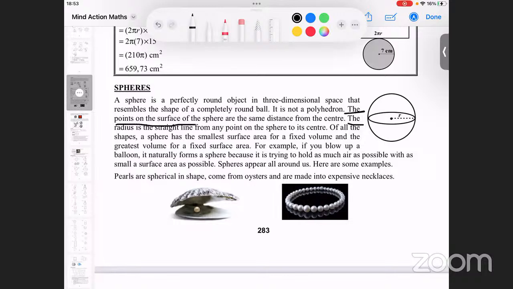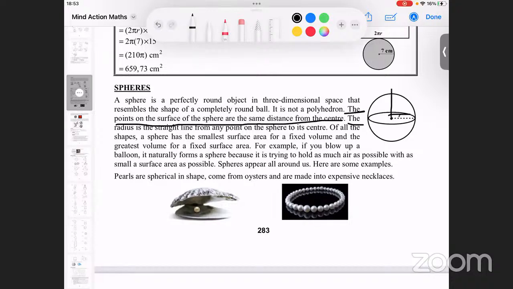The radius is the straight line from any point of the sphere to its center.